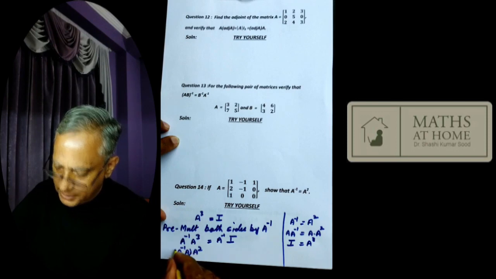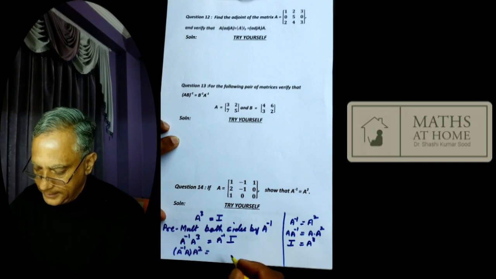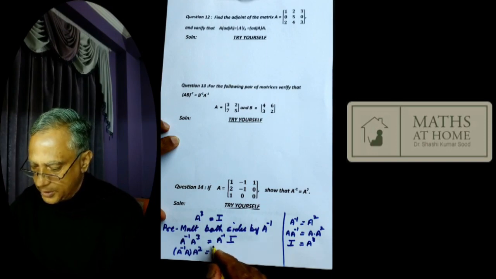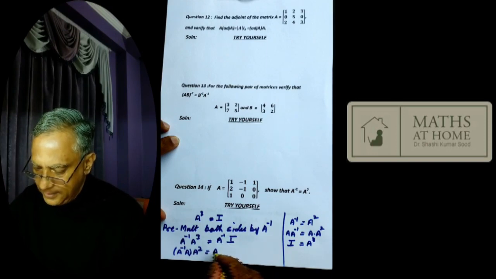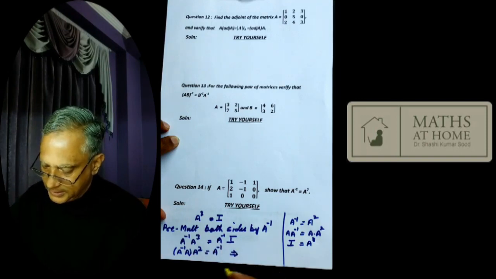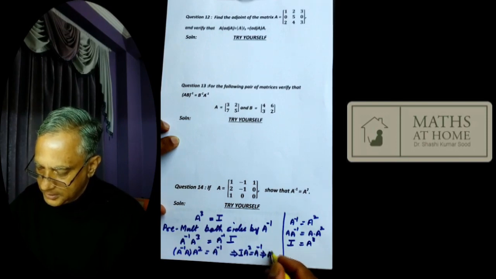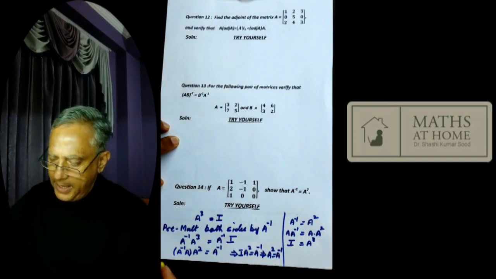Now using associative law, we can take this in one bracket, and this will be equal to A inverse into I will be A inverse, and this will imply that this is identity. So this will be I into A square is equal to A inverse, and this will imply A square is equal to A inverse. This method will be shorter.